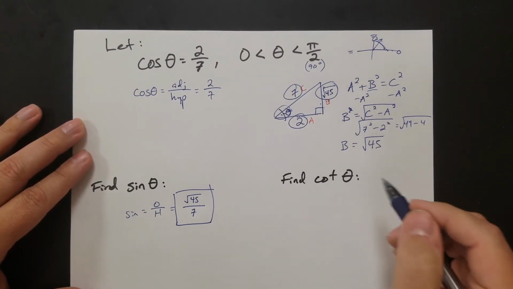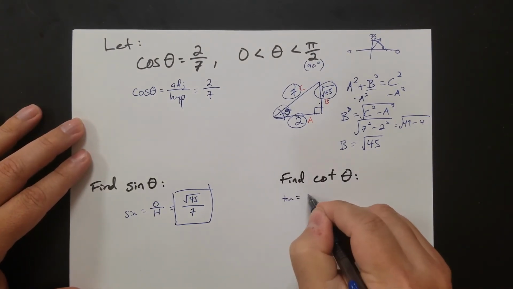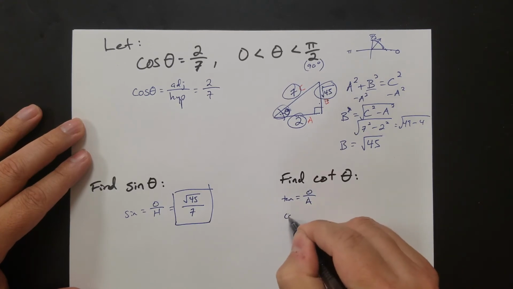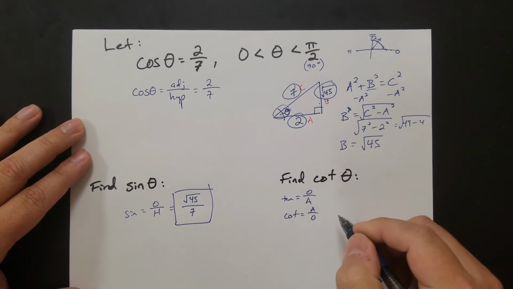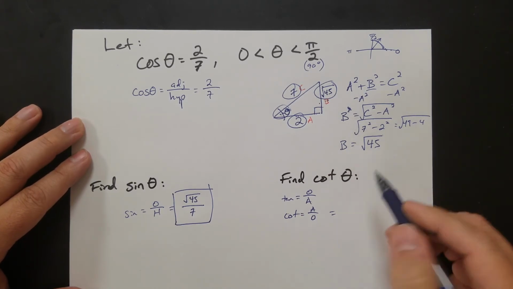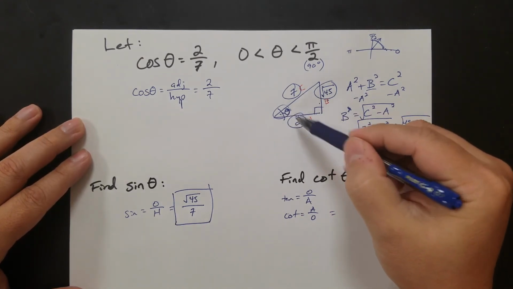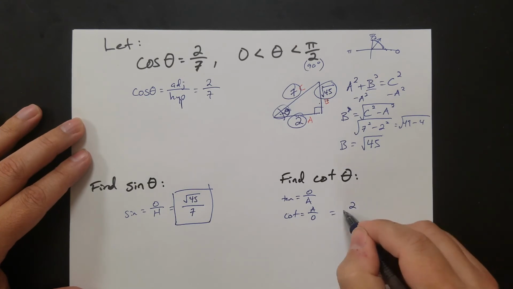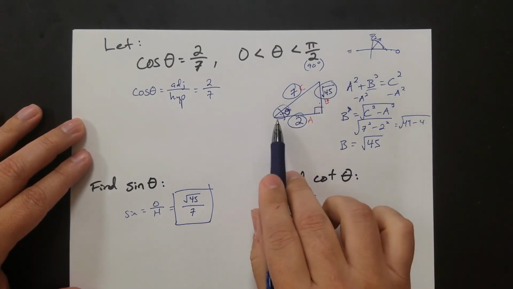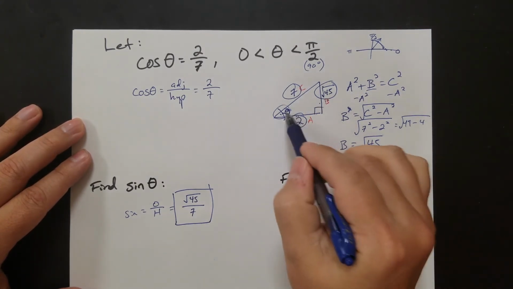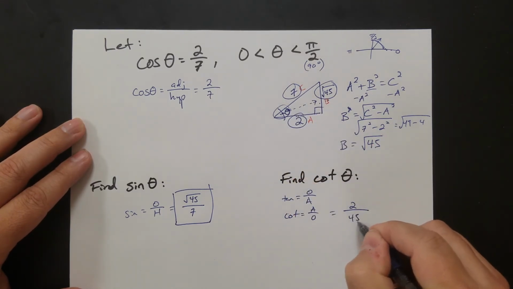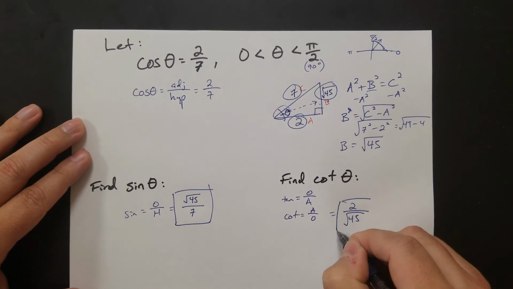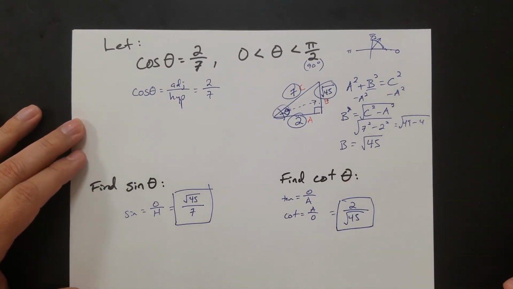Cotangent is the opposite of tangent, right? Tangent is opposite over adjacent. That means cotangent is adjacent over opposite. So adjacent side, here's theta again. Adjacent is 2. And then opposite is square root of 45, on the other side. So cotangent is 2 over square root of 45.